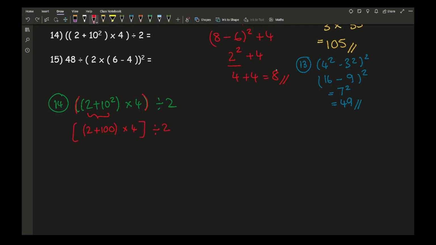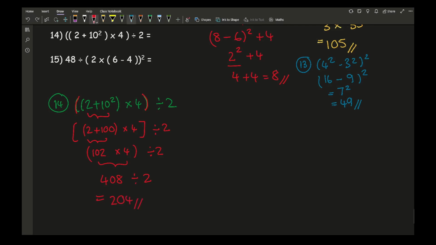So again, I've got to deal with this bracket here. So that's 102 times 4 divided by 2. So again, then do the bracket. So 4 times 102 is 408. And then I want to divide that by 2, which gives me an answer of 204.